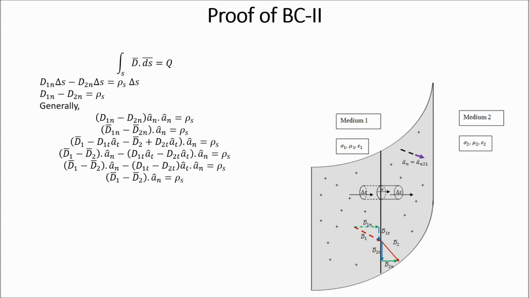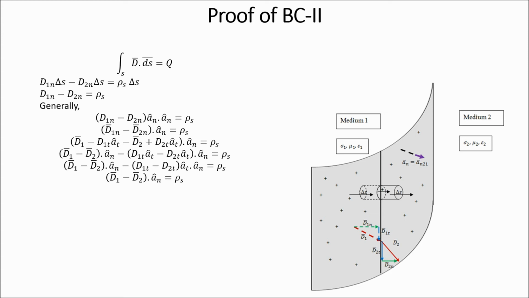We also decompose the electric flux D1 and D2 into two parts: the tangential parts D1t and D2t, and the normal parts D1n and D2n. We show the normal part in green, the tangential part in blue, and the total field in red.